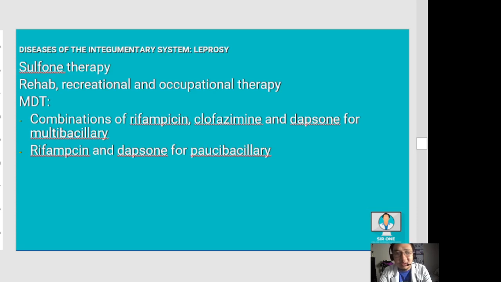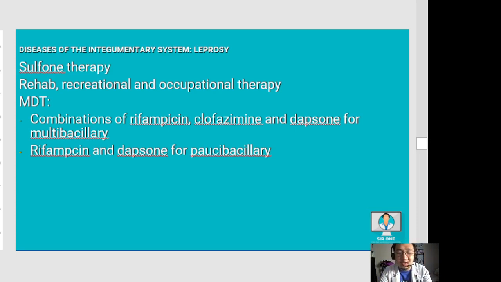Okay, actually, even psychological therapy is one, depending on the coping of the patient because of the body image disturbances or changes, and what society will tell, will say, will see on a patient with leprosy. Okay, and the fear, the stigma is believed to be there, especially those early times and before.